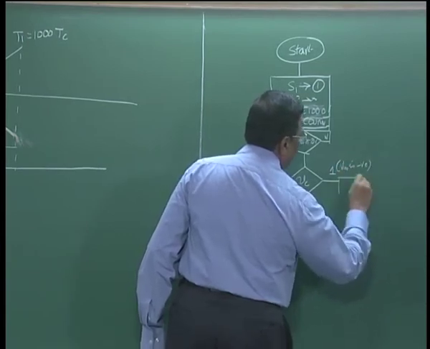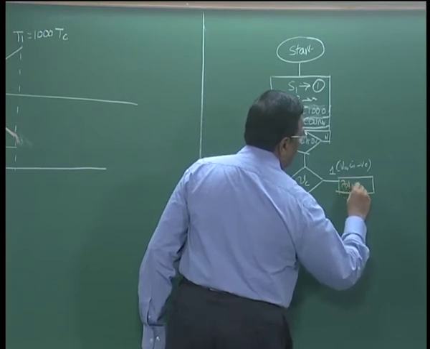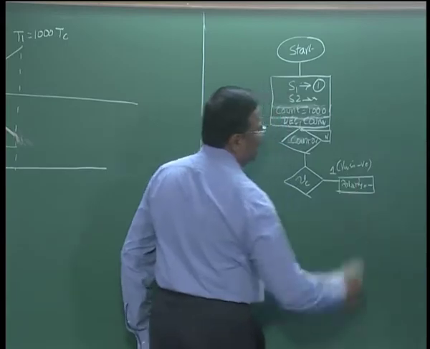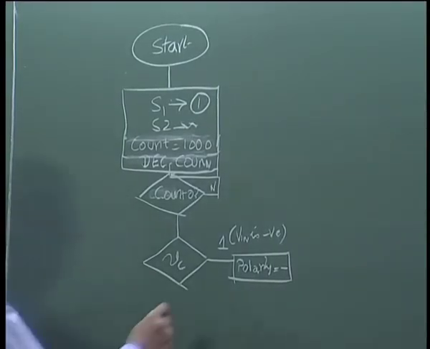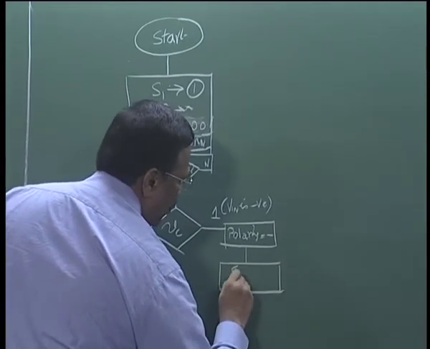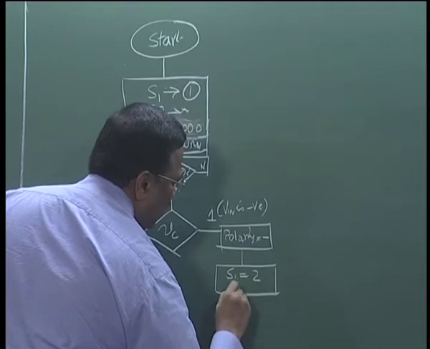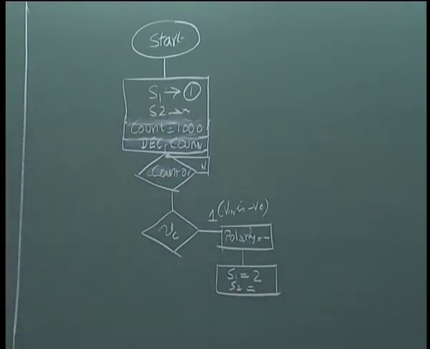So, immediately we can say polarity of input is negative, minus, right. Then we connect S1 to position 2, S2 to position 1.